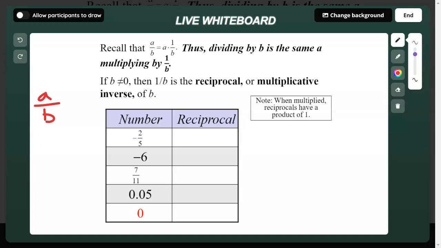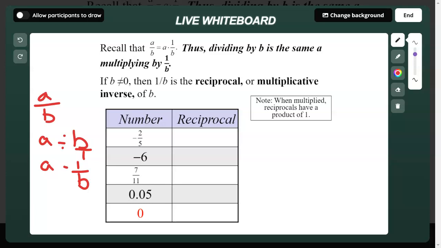A over B is the same thing as A divided by B. And so instead of doing that division, we can write this as a multiplication expression and then write the reciprocal of our value. So the reciprocal is just write it as a fraction and flip it. If it's not a fraction already, then make it a fraction. And then you can flip your fraction. Okay, and then you can multiply using your real number operation rules. All right.